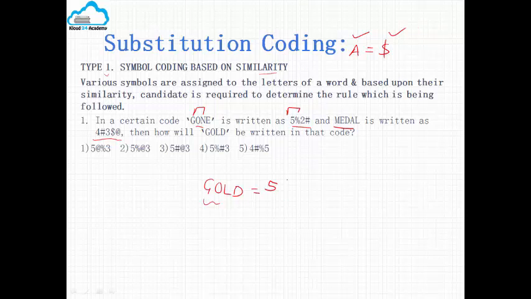So G is 5, O is percentage. L we can check from medal. L is at the rate. And D again from medal. D is 3. So 5% at the rate 3. So these were the symbols for gold. We have solved it. Very simple question.